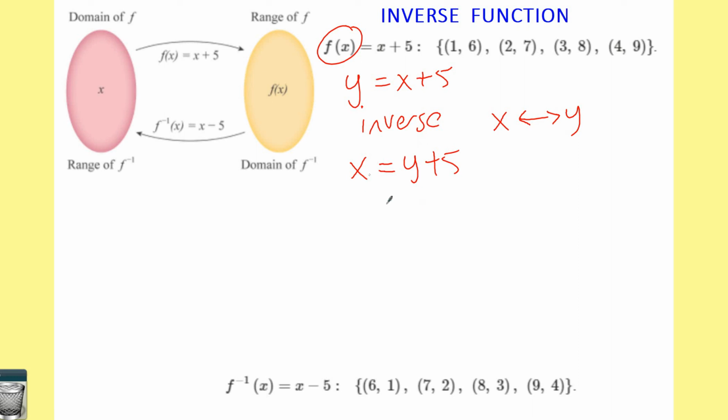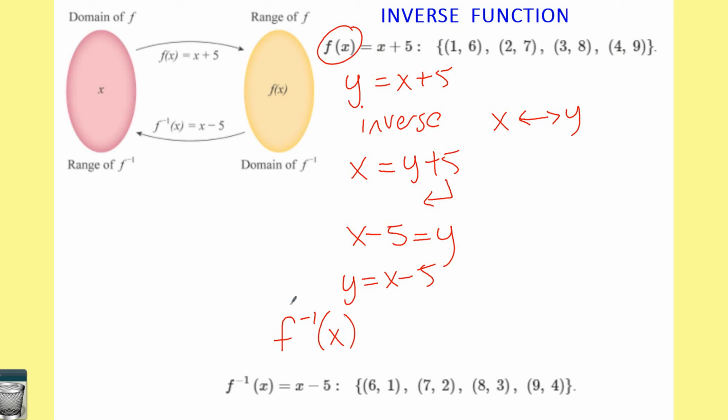But we don't write equations as x equals, we write them as y equals. So move that 5 over. So we get x minus 5 equals y. This is our inverse function. It's y equals x minus 5. But we need to notate that that's the inverse function. So we're going to use f raised to the negative 1 times parentheses x.